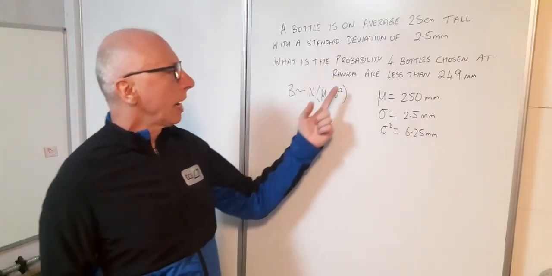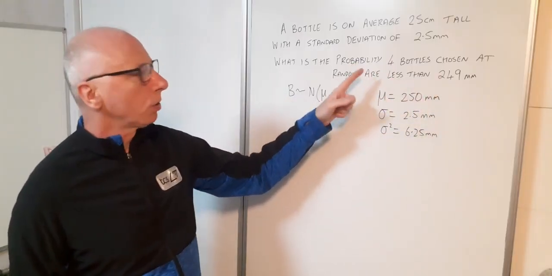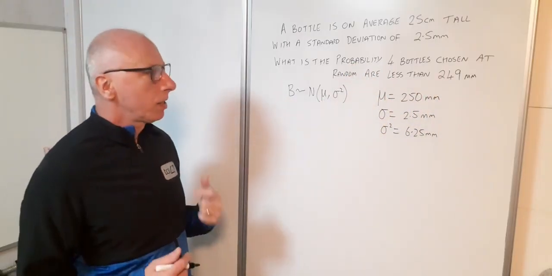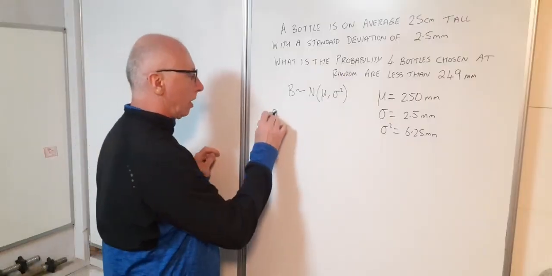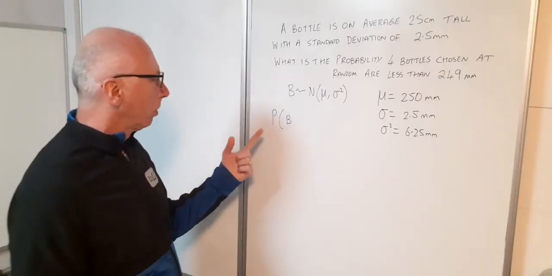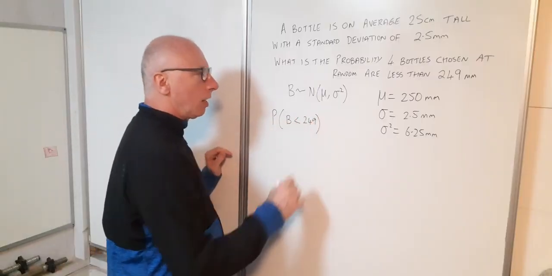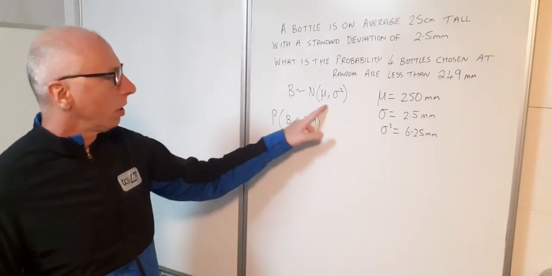Now we want to find out that the bottles are less than 249 millimetres and for 4 bottles chosen at random. So we want the probability that the bottle chosen, so B for the bottle, that's our random variable, is less than 249 following the distribution of this.